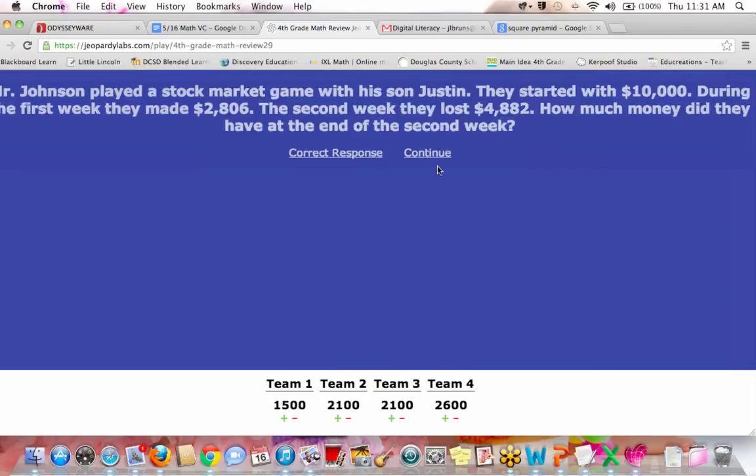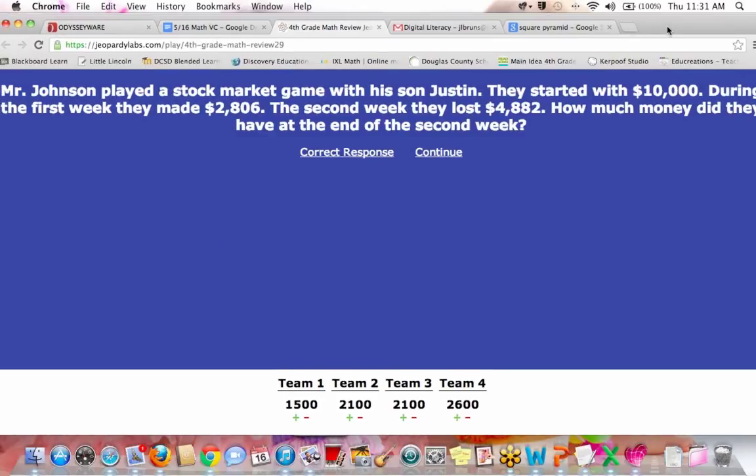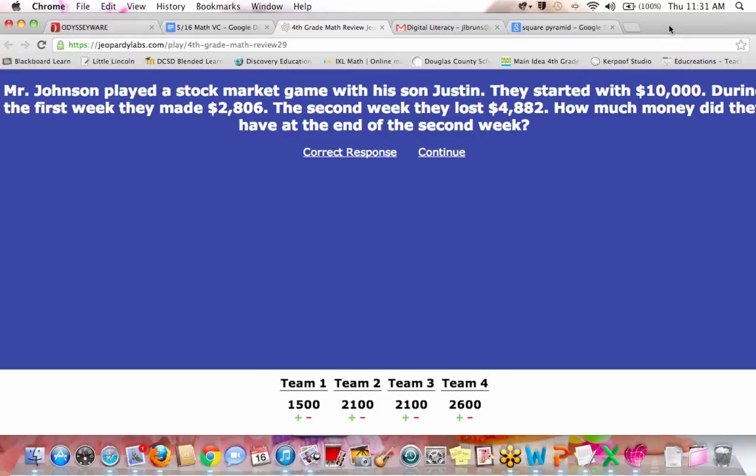Mr. Johnson played a stock market game with his son Justin. They started with $10,000. During the first week, they made $2,806. The second week, they lost $4,882. How much money did they have?